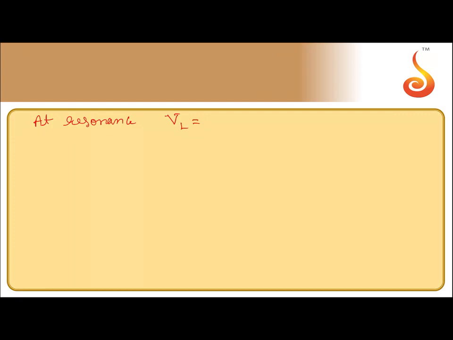voltage across inductor should be equal to voltage across capacitor. Voltage across capacitor is current into capacitive reactance. So that should be I into 1 by omega into C, that is 0.1 divided by omega is given it is 200, capacitance is given 2 into 10 power minus 6.